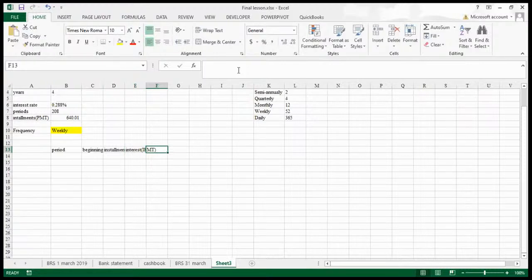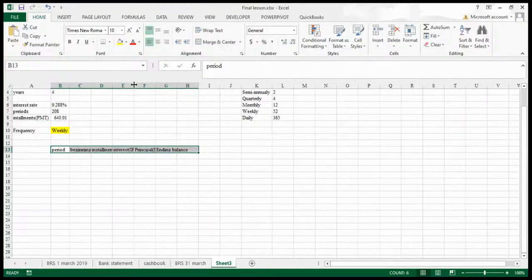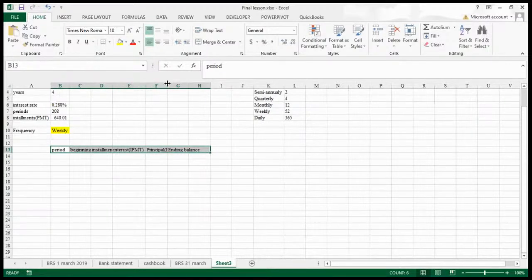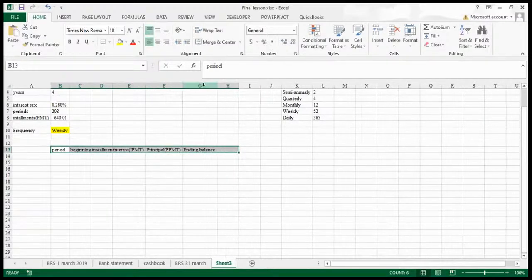Then let's have the principal, and let's call it PPMT. And the last one, let's have the ending balance. Let's have those there.